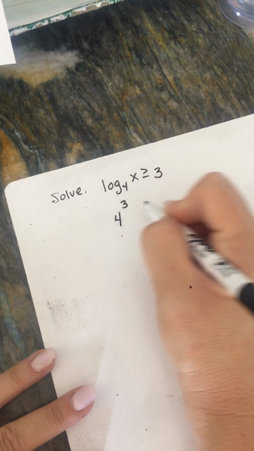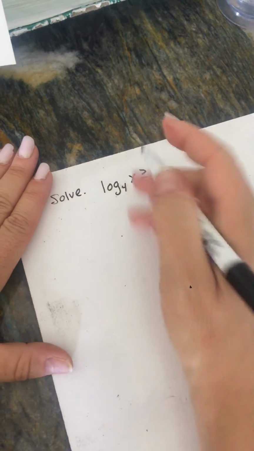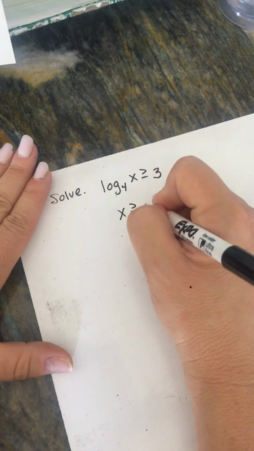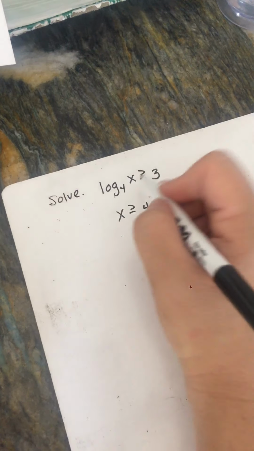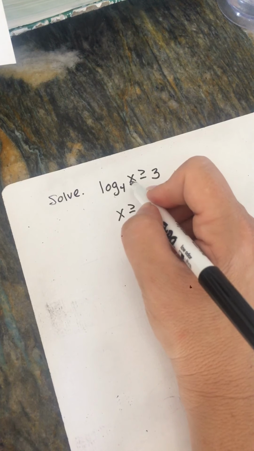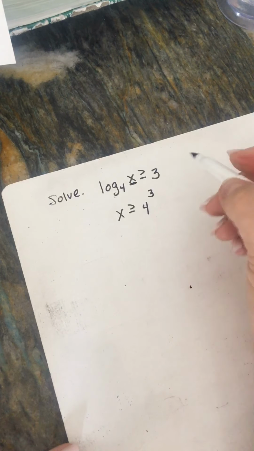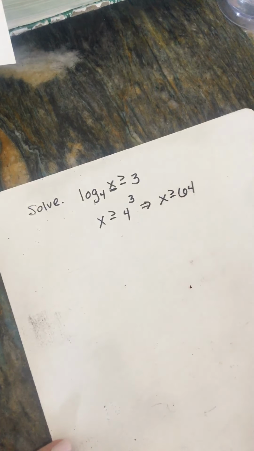X must be greater than or equal to 4 to the third, right, because this would be our power, if you will. All right, 4 to the third, so x is greater than or equal to 64.